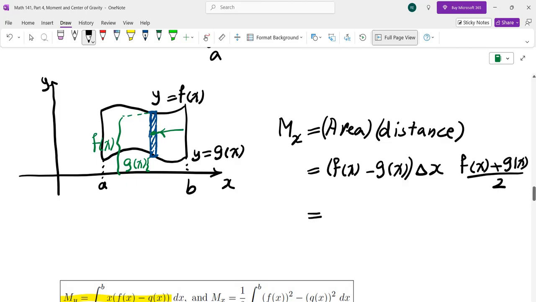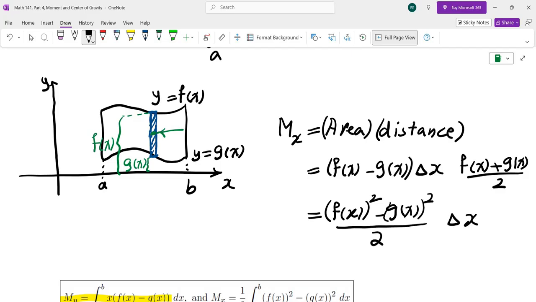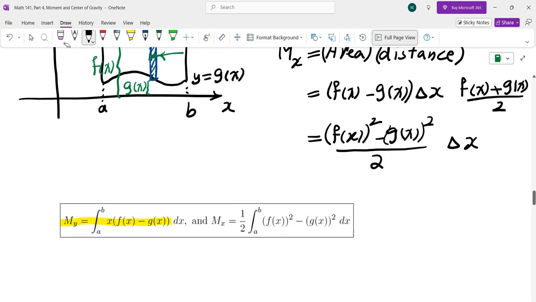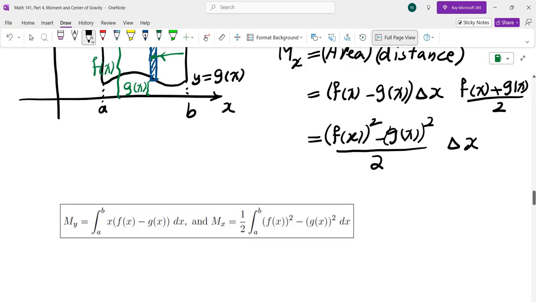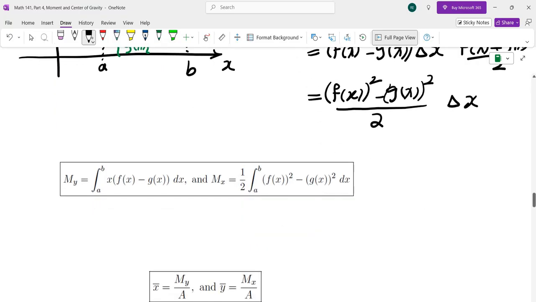After you multiply this, you have a difference of squares here. You get f of x squared minus g of x squared over 2 times delta x. And that turns it into this formula, that the moment relative to the x-axis is 1/2 the integral from a to b of f of x squared minus g of x squared dx.